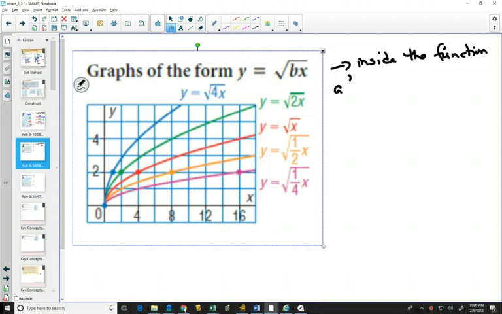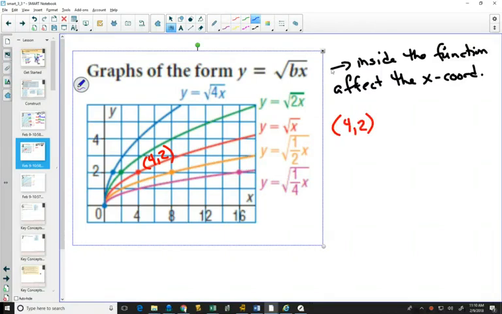Same thing here. Now this is going to affect the x-coordinate. Again, our red graph is our square root graph. That's our parent graph. This time they've decided to choose the point 4, 2 to compare it. 4, 2 is on our original graph.